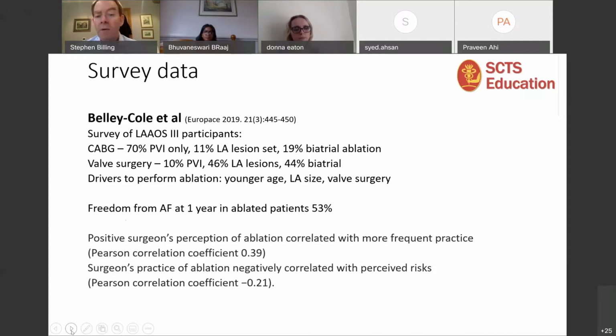Now, what I think was very interesting from this study is when they looked at surgeons' viewpoints, the ones who did more ablation had a more positive perception of it. And that may relate to surgical familiarity with anatomy, I don't know. But the other aspect is that those surgeons who perceived a risk in ablation were less likely to conduct it.